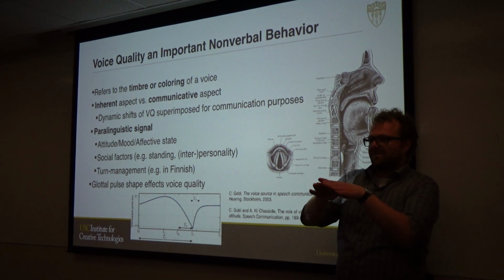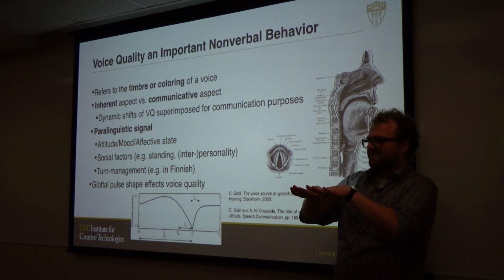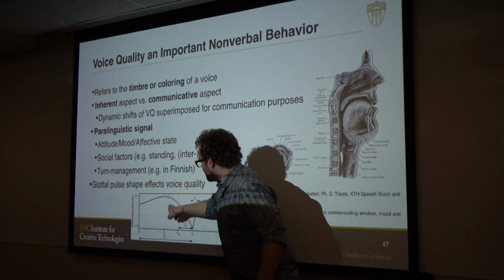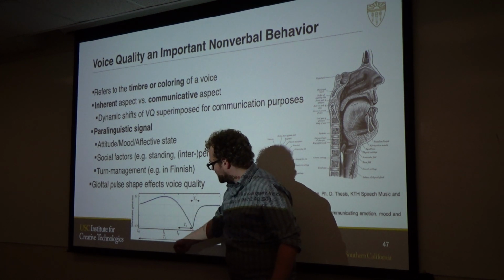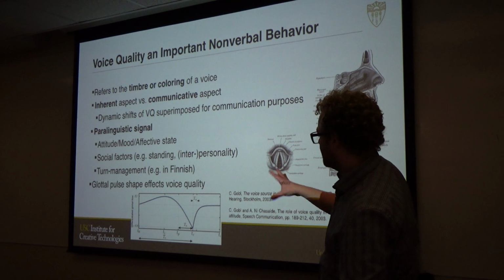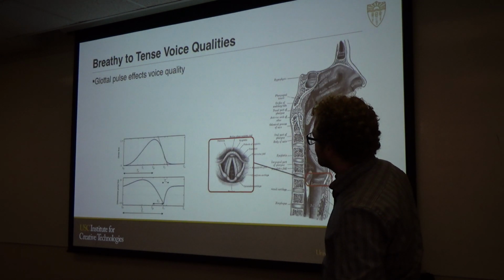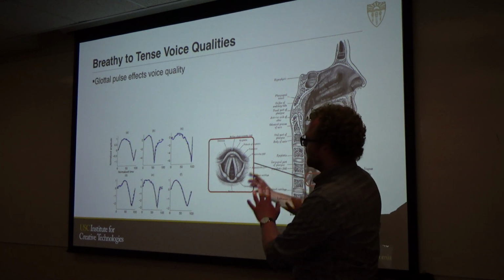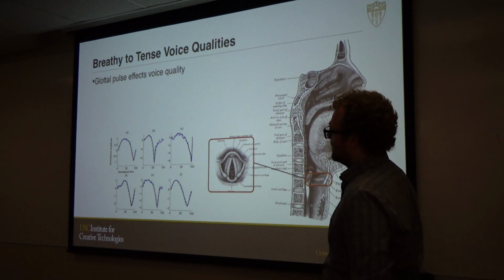Depending on how tense the two vocal folds are, they shape this differently. This could be sharper, a very straight down line here, and the shape could change in a way like this. So these are a couple of different shapes that we can see.